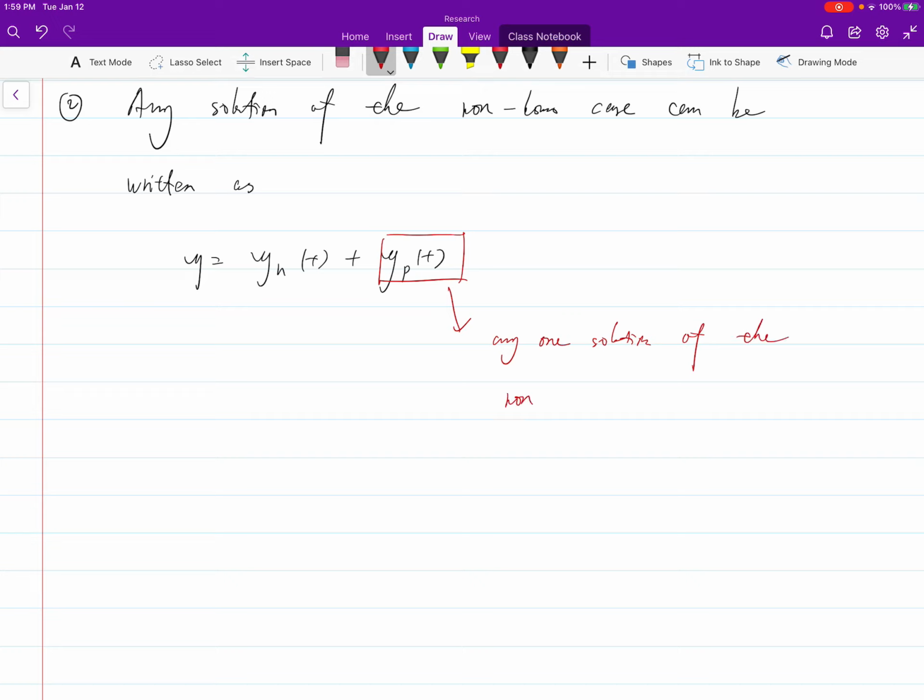P stands for particular, and this y_h is going to be the general solution of the homogeneous case.